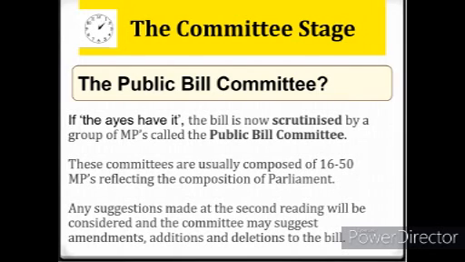This is a committee that's composed of a group of MPs across parties, and they will take on board any suggestions or questions raised during the second reading. They may amend the bill or add to it or take things out of the bill. So they're very much scrutinising and getting the bill in the best form that reflects the parliamentary debate.